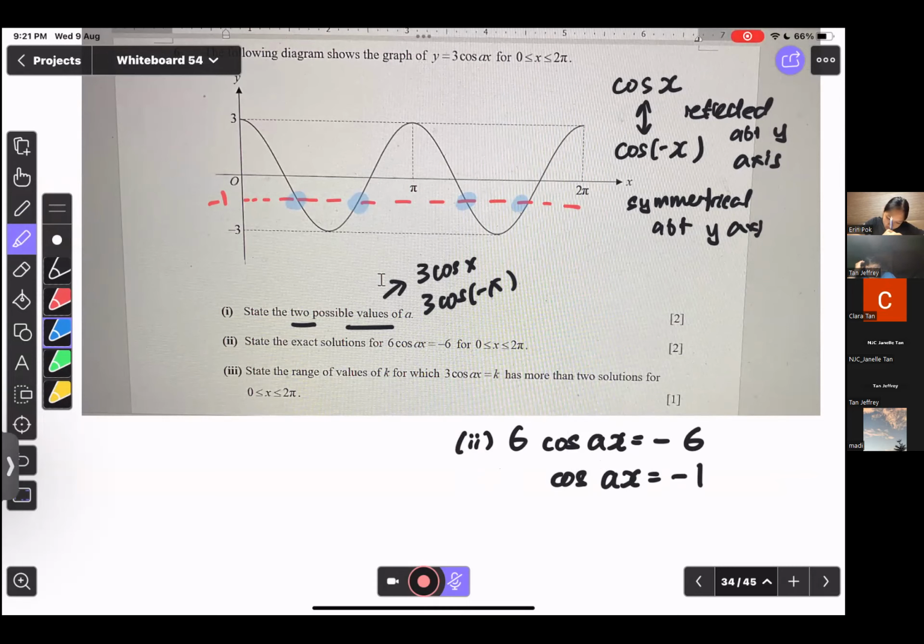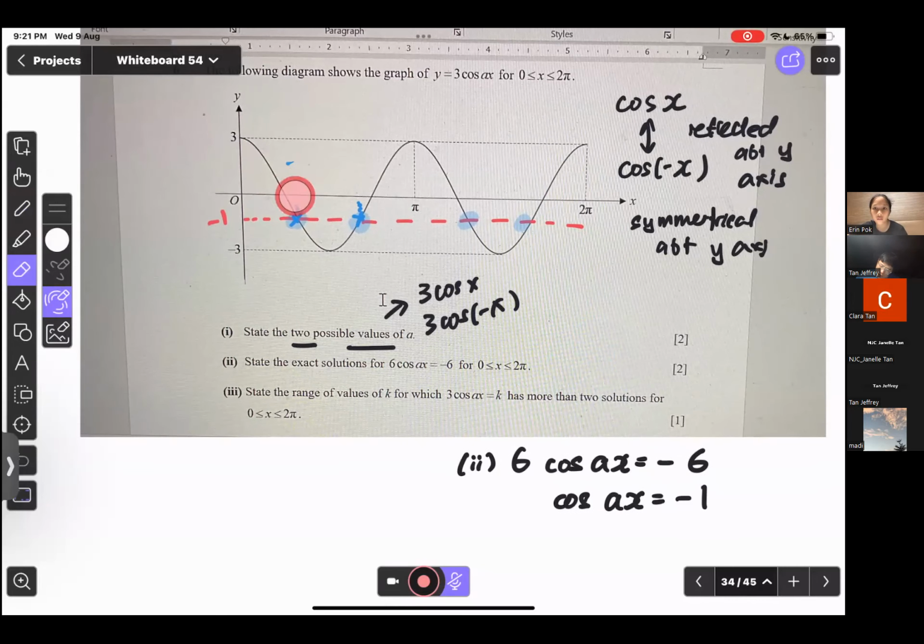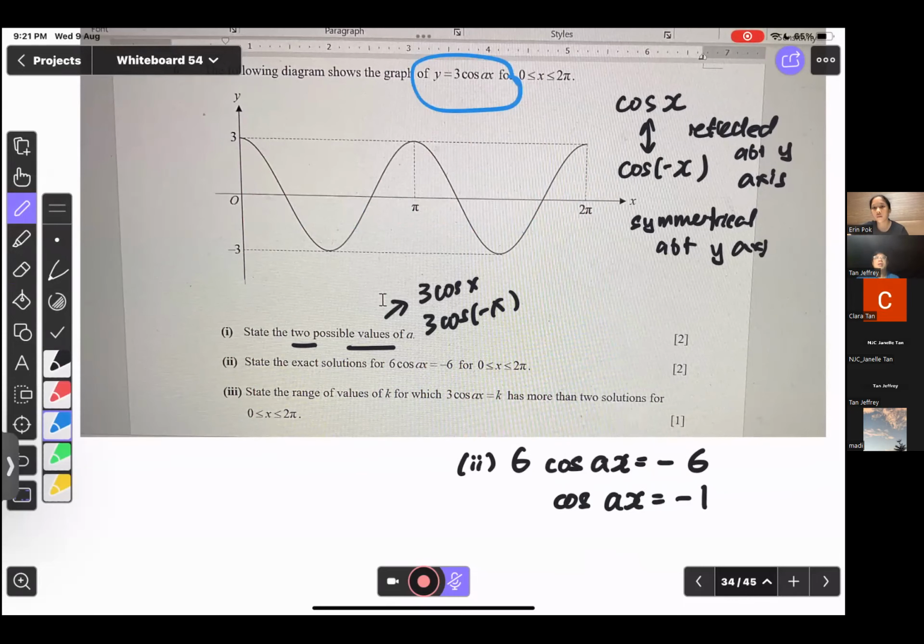Okay. So given how this graph is symmetrical, this one should be pi over 3. Oh, that's the wrong graph. Sorry, this is 3 cos ax, so I'm being scammed now.